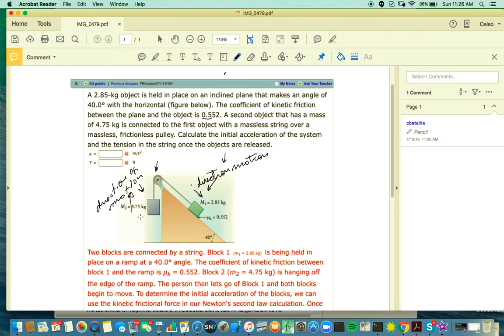So with that assumption, the free body diagram on the gray block is that you have weight, which is m2g. I'm not going to put numbers. And then you have a tension that should be bigger, right? So this is the free body diagram.